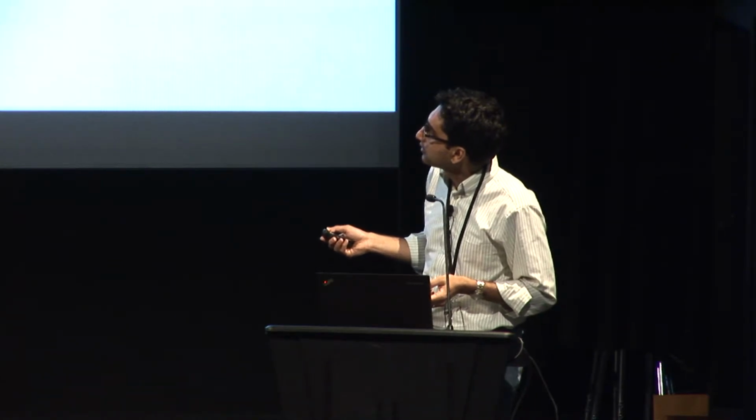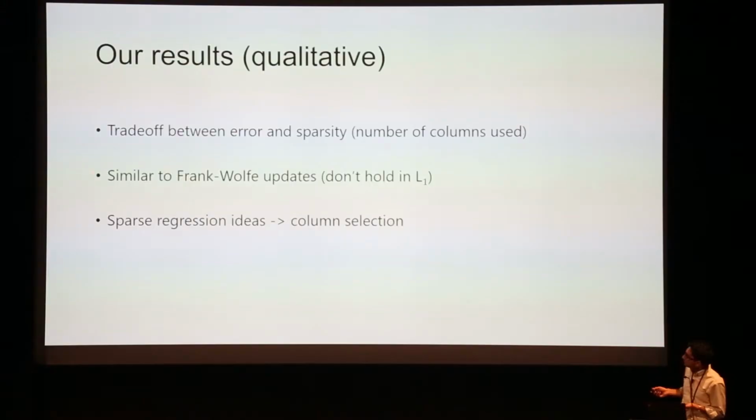It is the kind of guarantee that you get using what are called Frank-Wolfe type methods in optimization. But unfortunately, the vanilla applications of Frank-Wolfe don't hold if you have L1 error. That's one of our contributions: we show how you get these kinds of guarantees with L1 error.